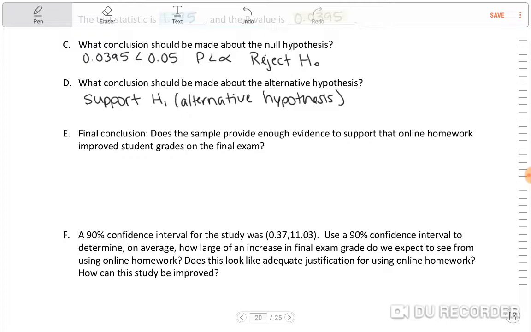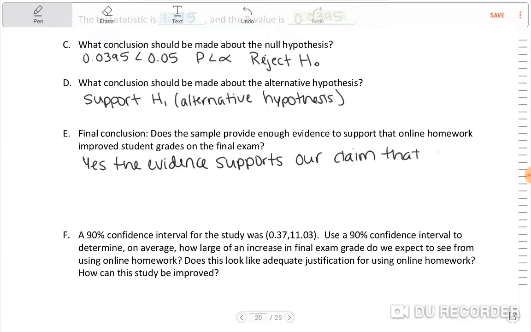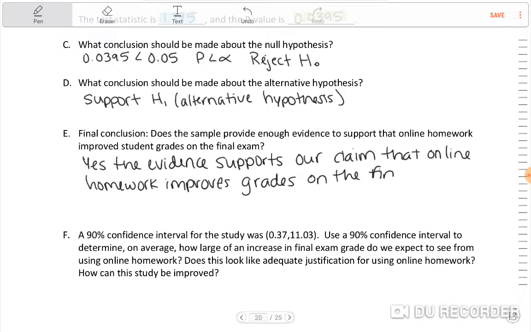So we would say, yes, the evidence supports our claim that online homework improves grades on the final exam.